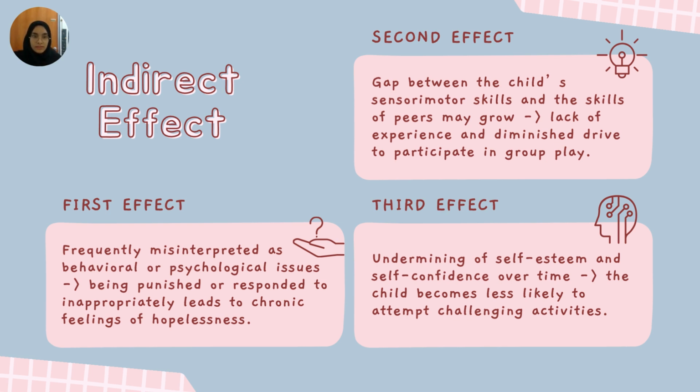The second effect is that the gap between the child's sensory motor skills and the skills of peers may grow, thus resulting in lack of experience and diminished drive to participate in group play. For example, the child who avoids finger painting because of tactile defensiveness. For example, the child doesn't like the watery surface of watercolor.